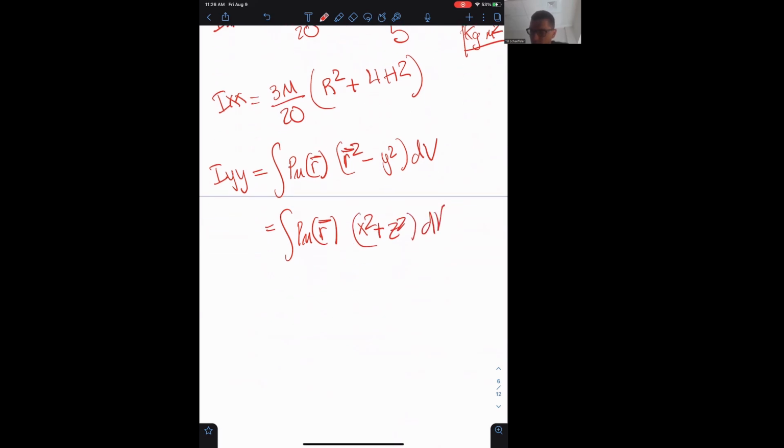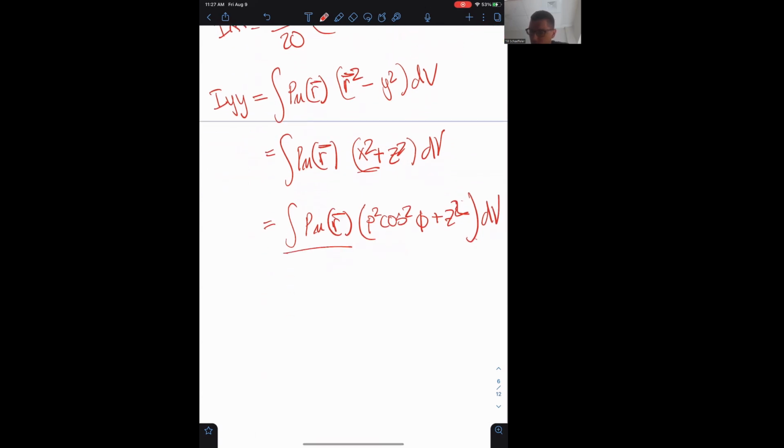In fact, x squared in cylindrical coordinates is rho cosine squared phi plus z squared.